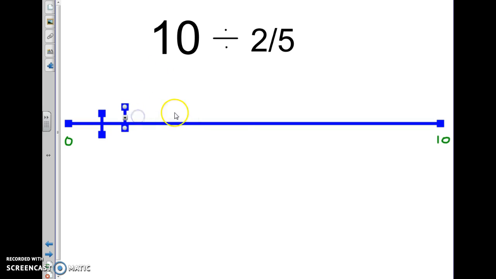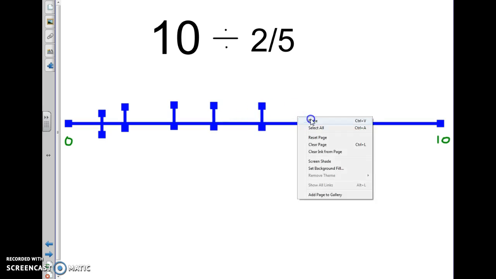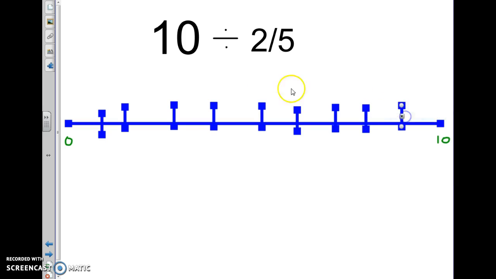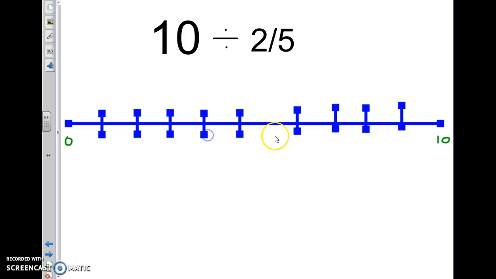So go ahead and try to divide these up as evenly as possible. And you're doing it by hand, and you're kind of eyeballing it. It's not going to be perfect, but I can already tell that I'm putting these a little bit too close. I'm going to space them out a little bit. Okay. So again, it's not going to be perfect.